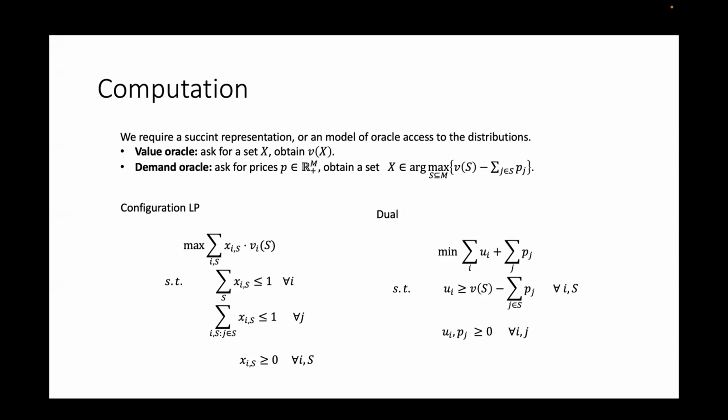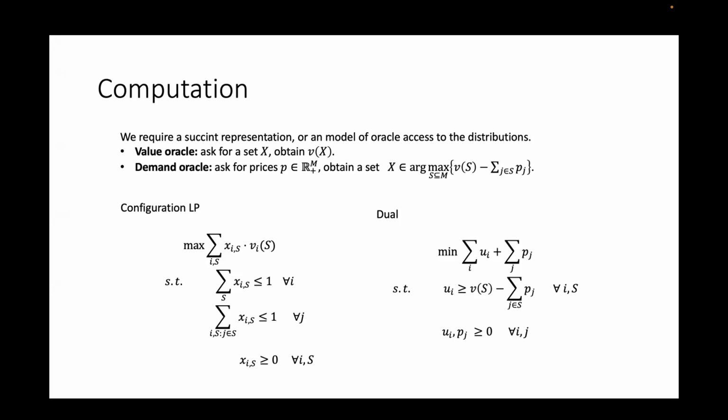it's just I have a variable for each agent and each set. It's like an indicator that I give set S to agent i. And all the constraints are saying is that an agent gets one set, right? The first constraint: for an agent i, agent i gets at most one set.